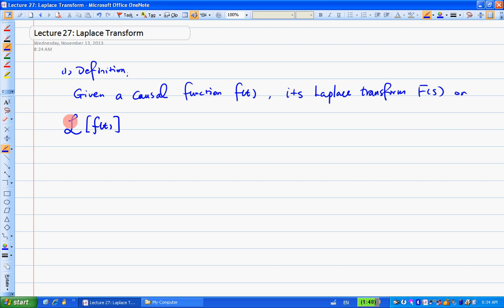It takes the input f of t, then this L of f of t is defined by this. So that's the Laplace transform.